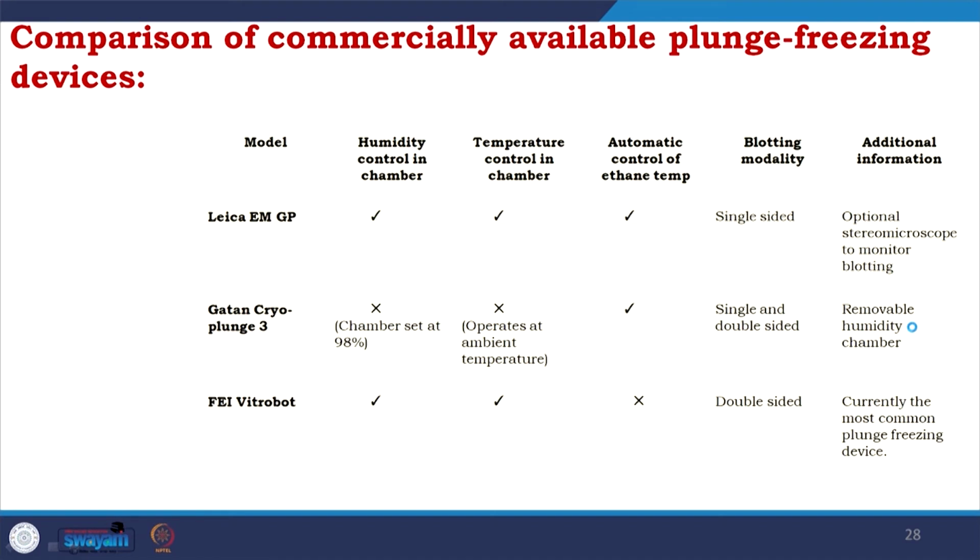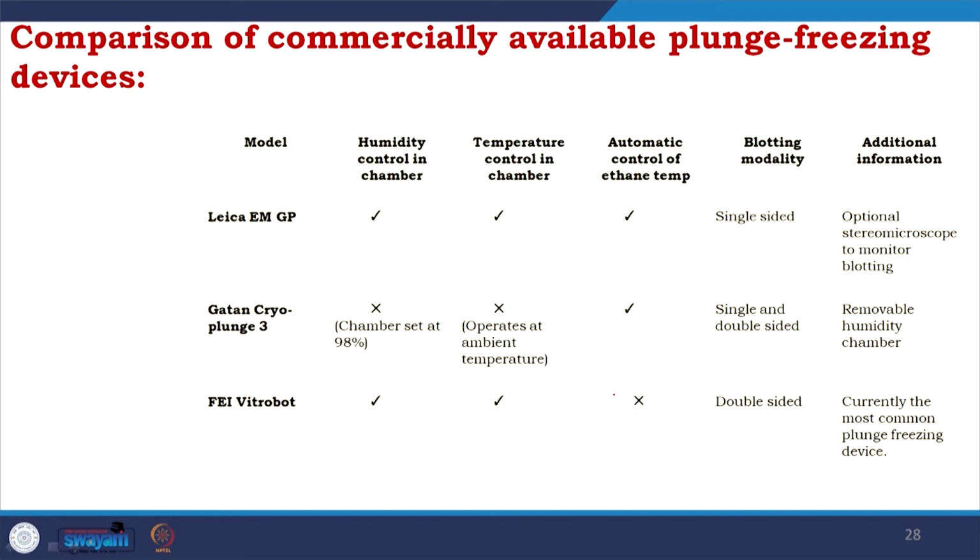Temperature control in the chamber is present in Leica and also in FEI Vitrobot, but it is not present in Gatan, it operates at ambient temperature. Automatic control of ethane temperature is present in Leica, present in Gatan, but absent in Vitrobot.